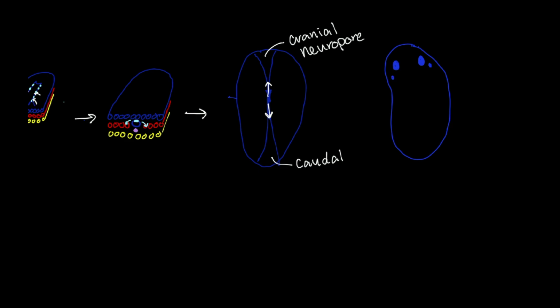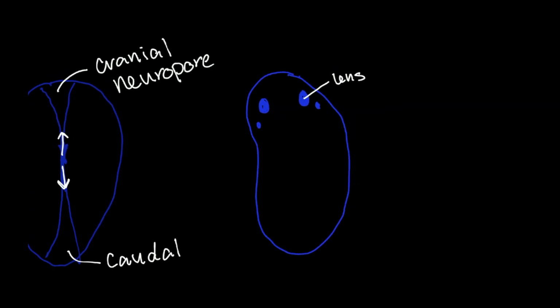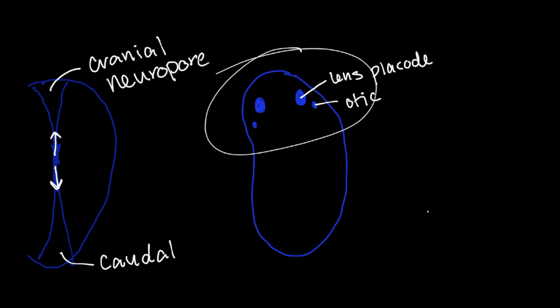And these ectodermal thickenings are called placodes. This is the lens placode. And this one is called the otic placode. And this is near that cranial end.